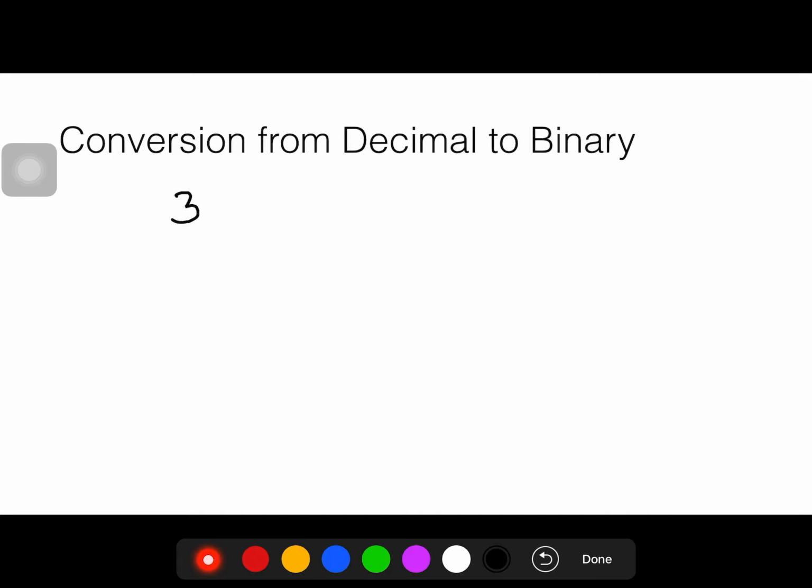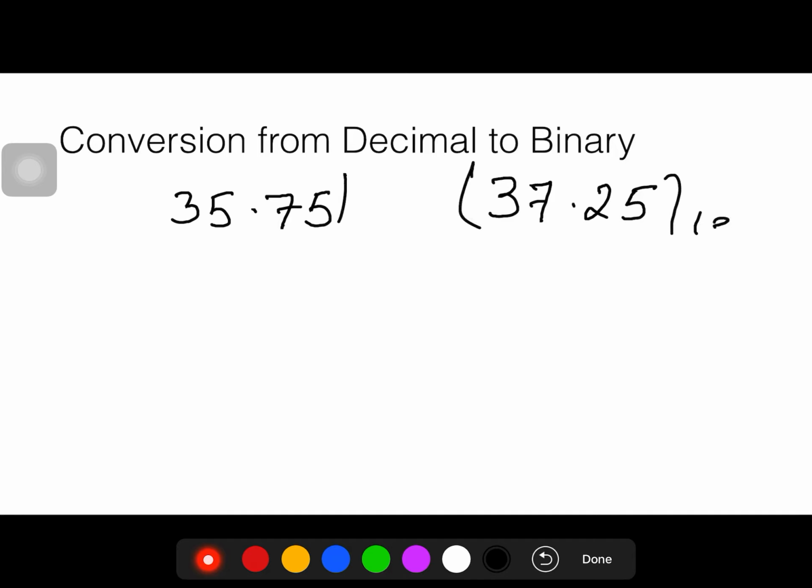In order to convert any number from decimal to binary, suppose we are given 35.75, and we have to convert this number to binary. Or suppose we are given this number 37.25 in decimal, we have to convert these two numbers to binary.